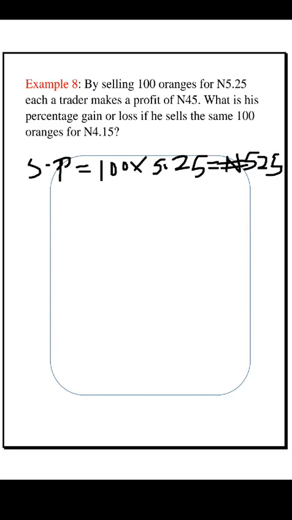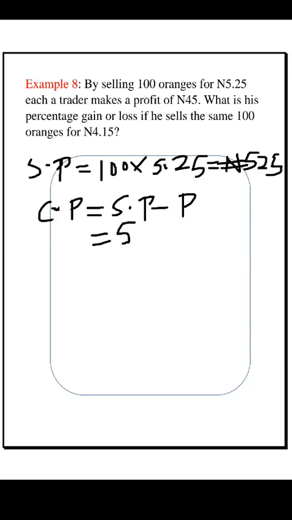So we can know the cost price, because if we want to know the cost price, we just remove our profit from our selling price. Selling price minus our profit will give us cost price.